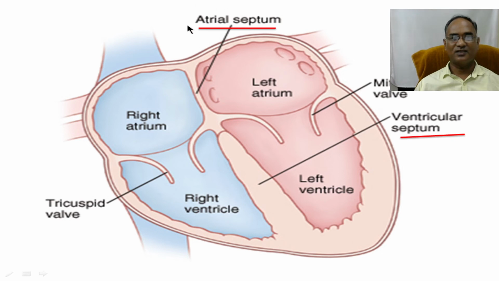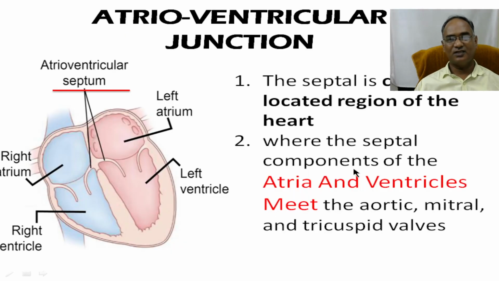Here you can see the right and left atrium. There is a thick middle layer called the atrial septum. This is the right ventricle and left ventricle. There is a wall called the ventricular septum. The third one: the upper two chambers are atria, the lower two chambers are ventricles. In this area, there is another thin layer called the atrioventricular septum.